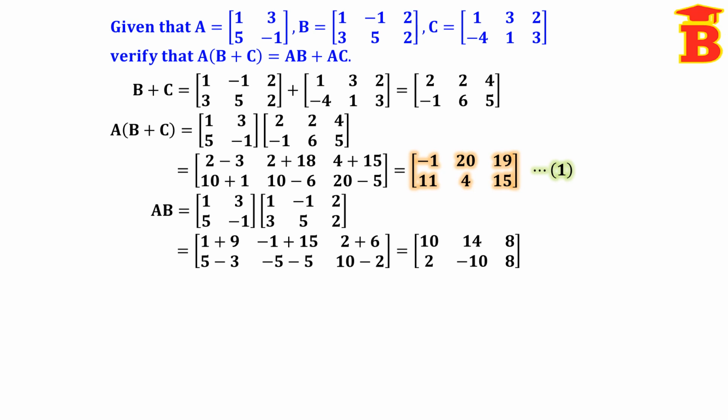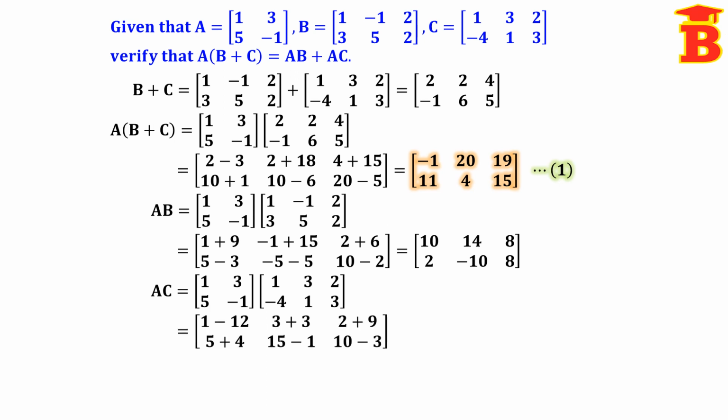And the right hand side second term is AC. So we have to multiply A matrix into C matrix. A matrix 1 3, 5 minus 1, C matrix 1 3 2, minus 4 1 3. Now we have to multiply these two. We follow the same procedure, row by column method.